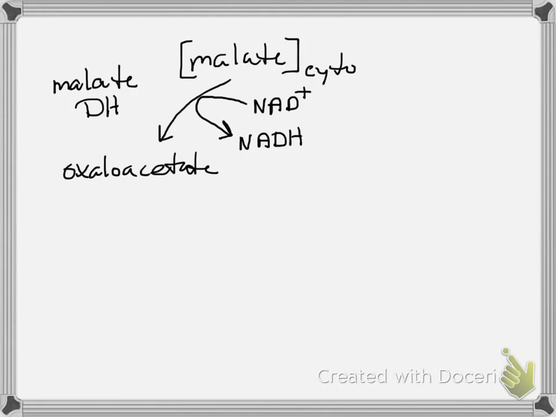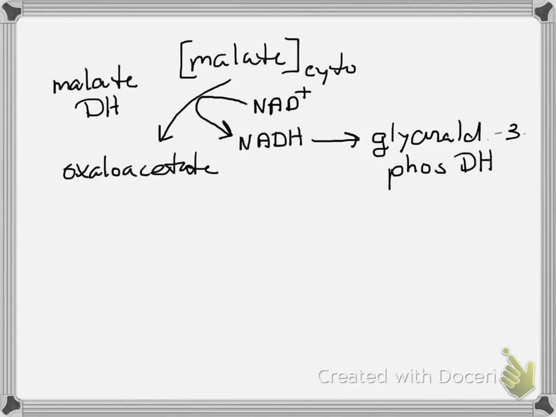Now the oxaloacetate will form the next product for gluconeogenesis. NADH will now go to fuel glyceraldehyde 3-phosphate dehydrogenase, because we are going backwards now in glycolysis. We'll get to that in a second.